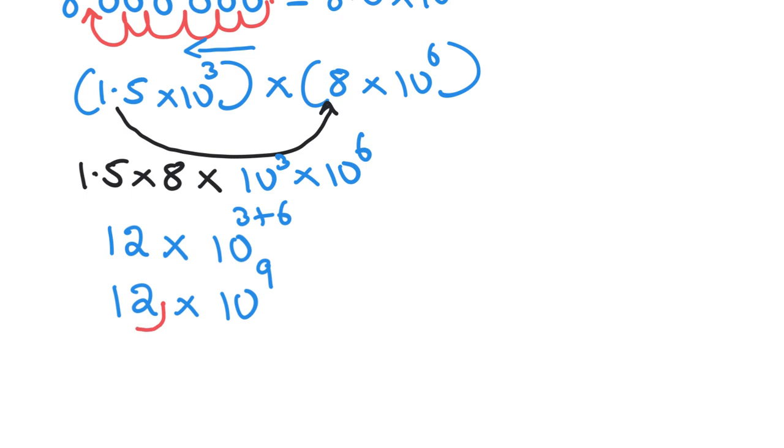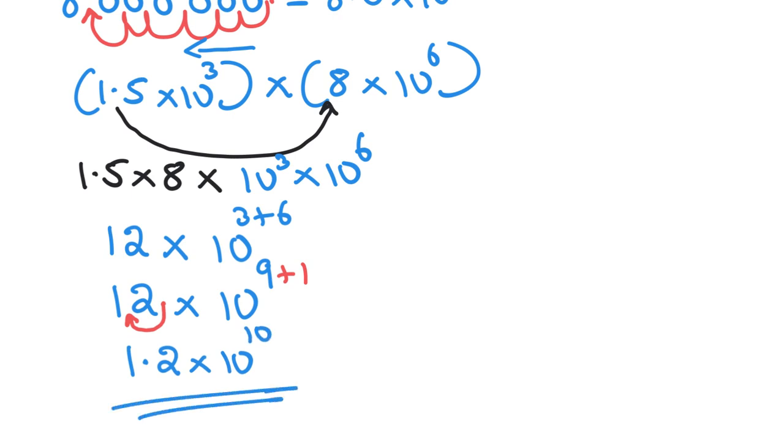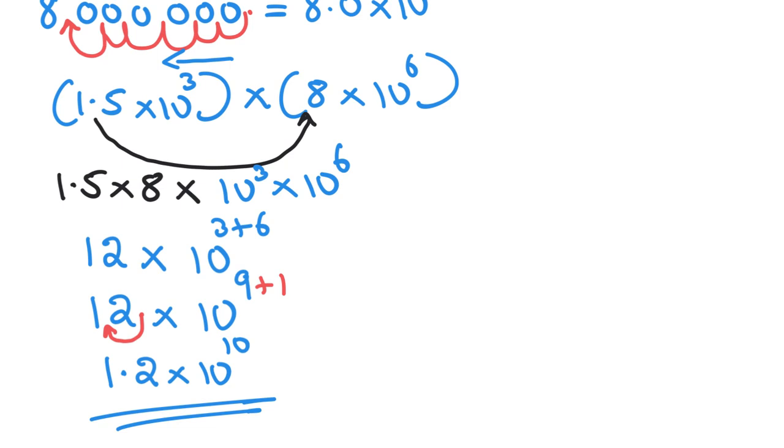I will shift the decimal point 1 digit to the left. Because I shifted 1 digit to the left, I add 1 to the power. So now my number is 1.2 into 10 to the power 10. That is my final answer. So this multiplied will give you in standard form 1.2 into 10 to the power 10.